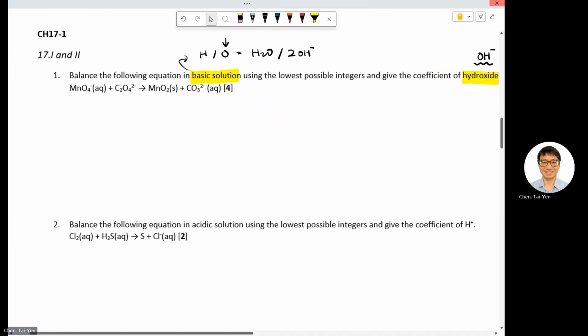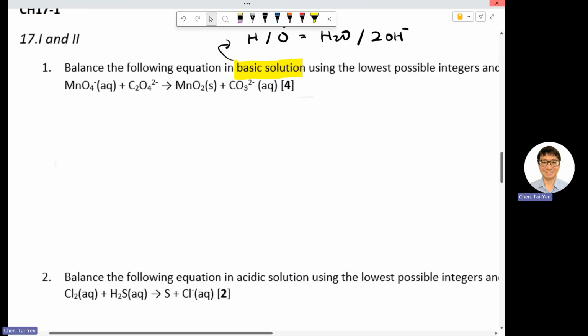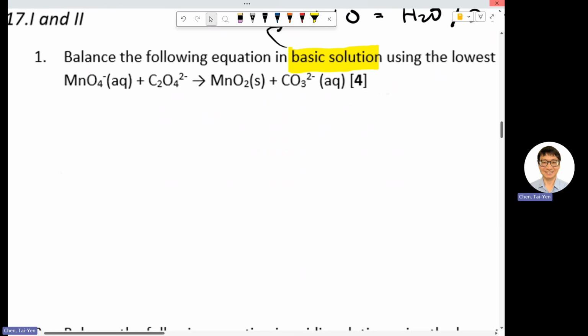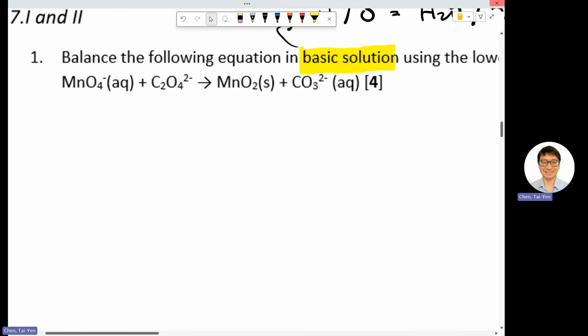But before we can do all those things, we need to look at our equations and identify who is our LOAR and who is our GROC. In order to do that, we first need to identify the oxidation number of each individual atom. The first molecule that we see here is MnO4-.